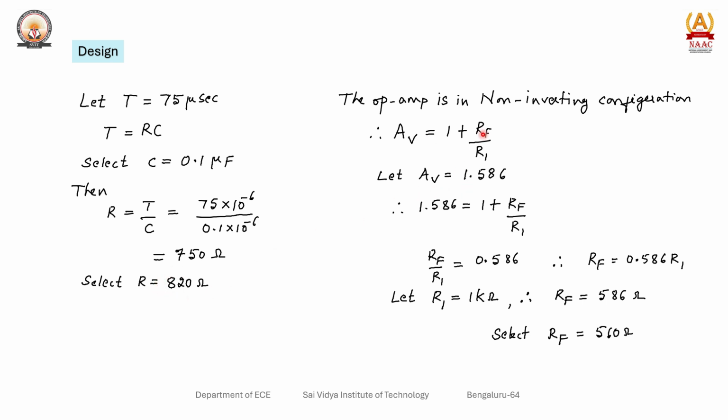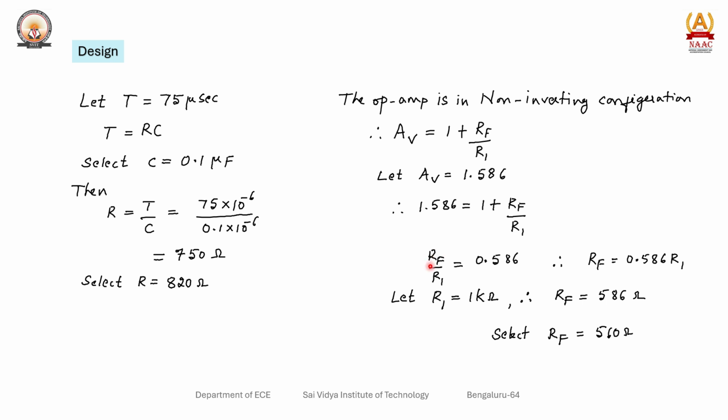Since we are configuring the op amp in non-inverting configuration, the gain of the op amp is given by the expression 1 plus RF by R1. For the op amp non-inverting configuration, let us consider a voltage gain of 1.586. Substitute and solve for RF and R1.